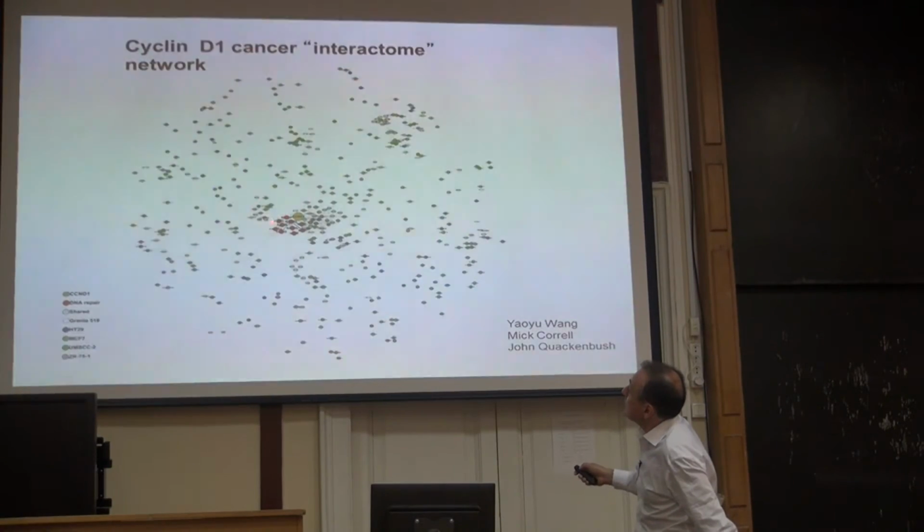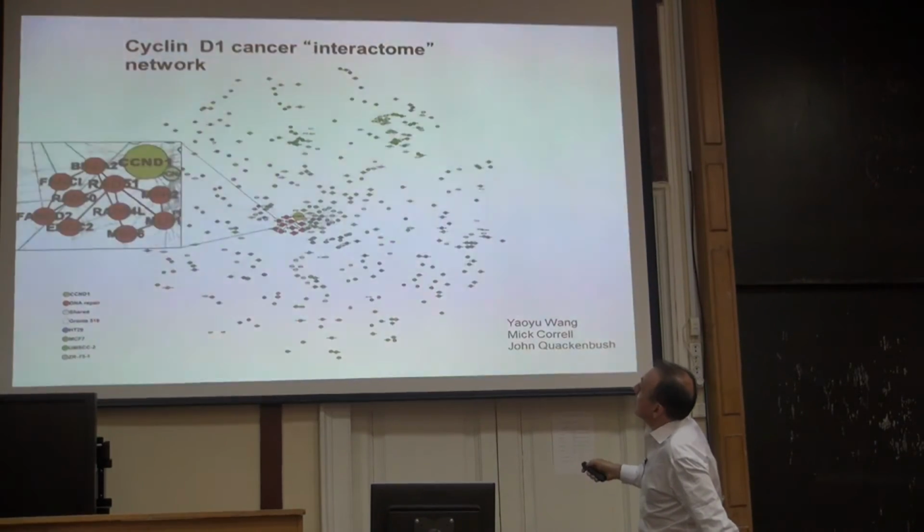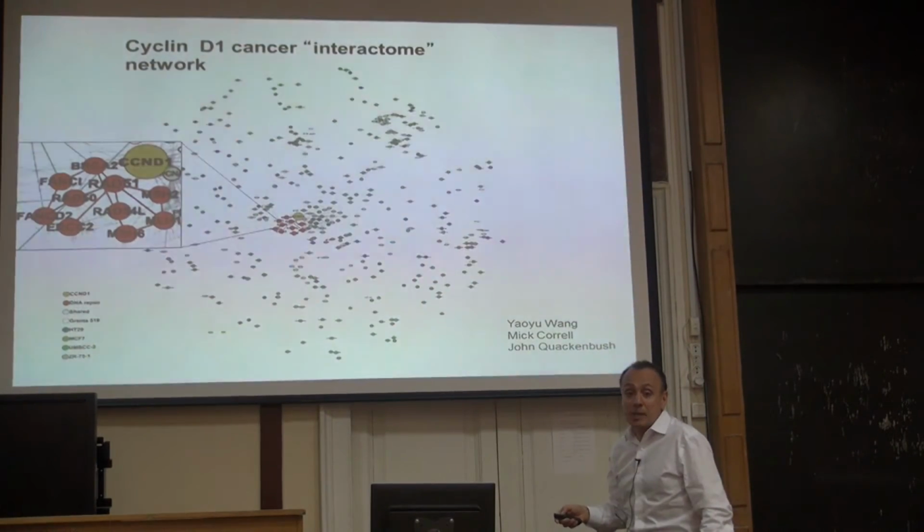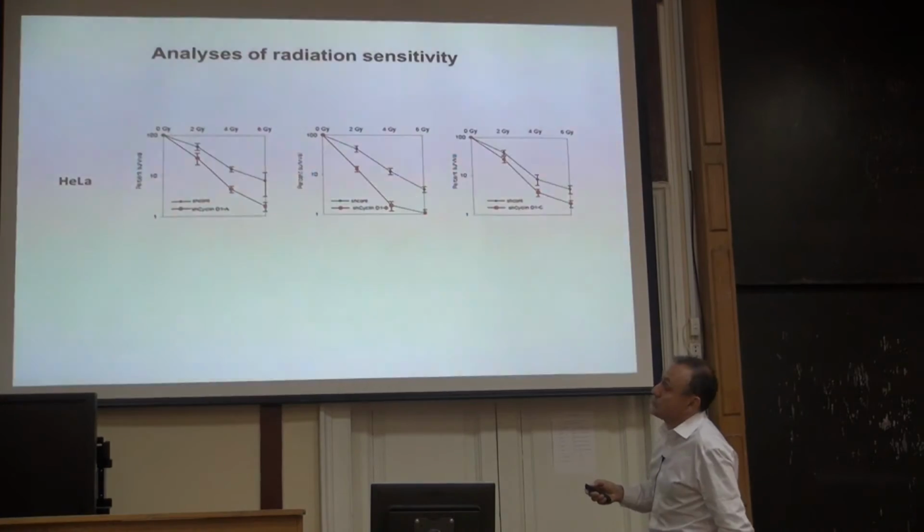This analysis showed us this red island, and this is our interactome network, and this red island are proteins involved in DNA repair. I'll zoom in here, and right in the center of this network is RAD51. RAD51 is a protein that repairs DNA double-stranded breaks through homologous recombination.